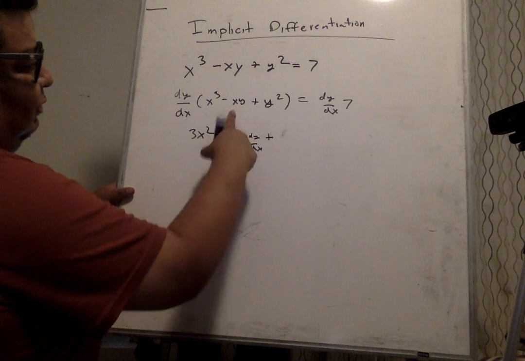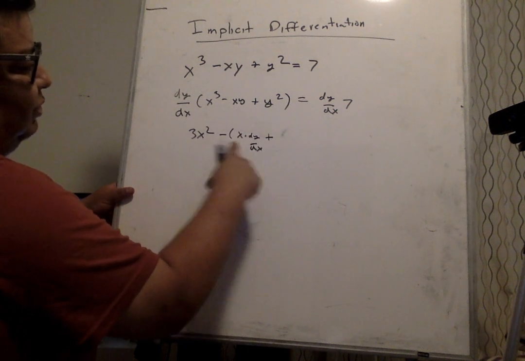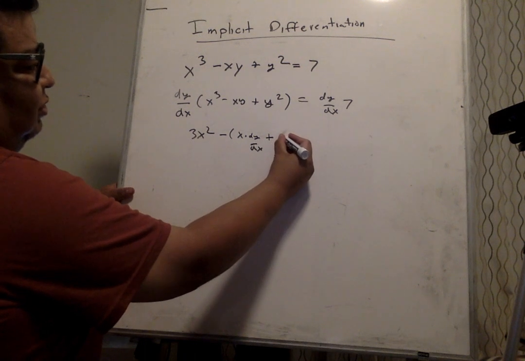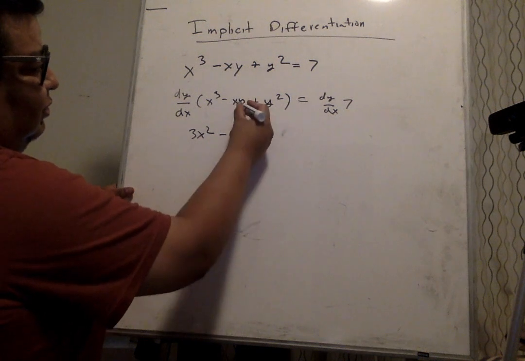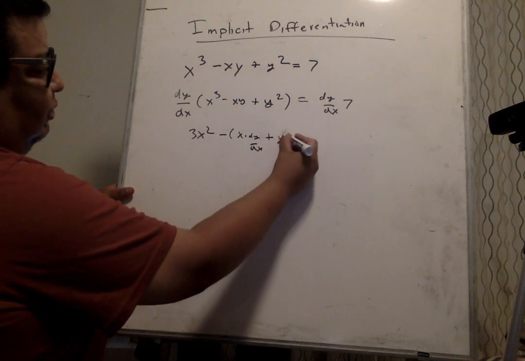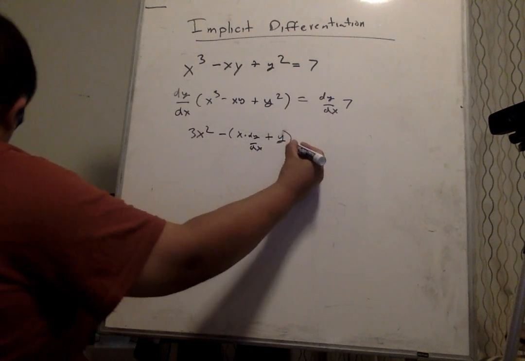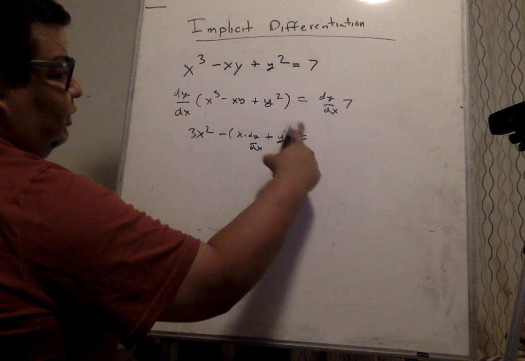Now plus the derivative of the first one, x. I have a minus outside, so I leave it outside, so it will be the derivative of x, which is just 1, times the second function, which is y.